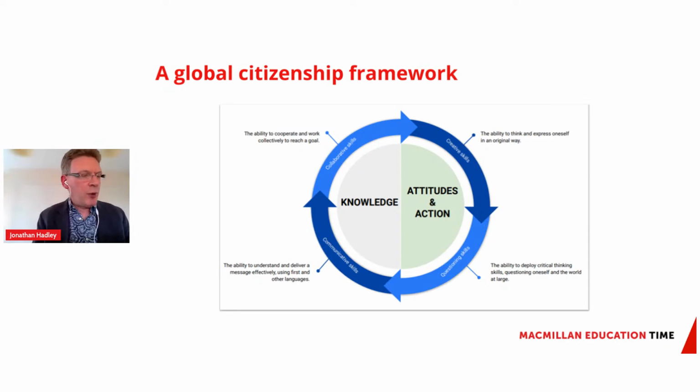And the last skill, bottom left, that I put is, of course, communicative skills. It's not sufficient just to take the input, but we also need them to be able to express themselves both in writing and speaking so that they can deliver the message that they want to deliver. That can be in any language, but as English teachers, of course, we can focus on improving and developing their oral skills and their writing skills by using global citizenship topics as the context or the content.